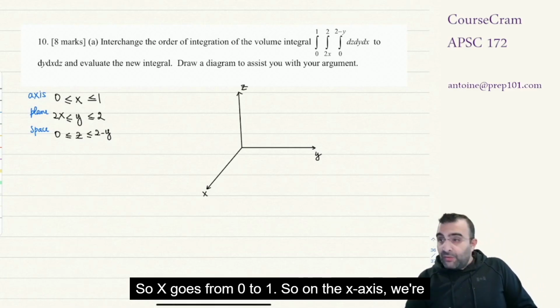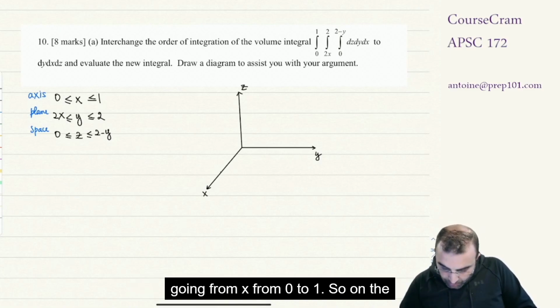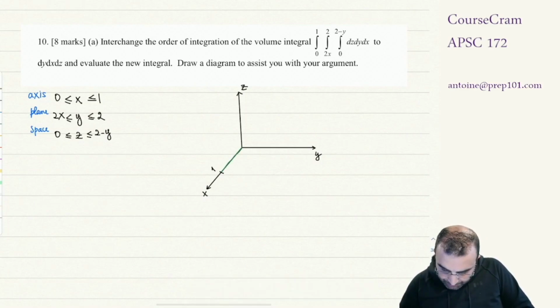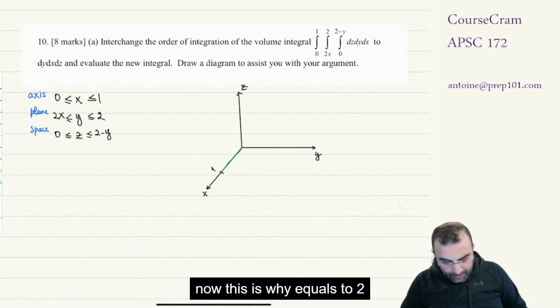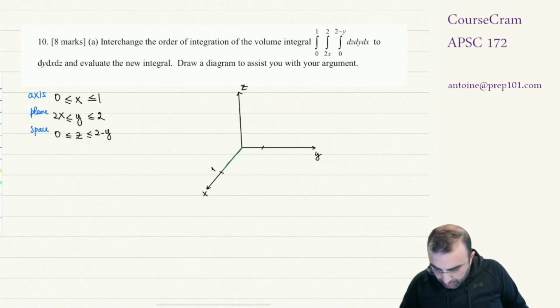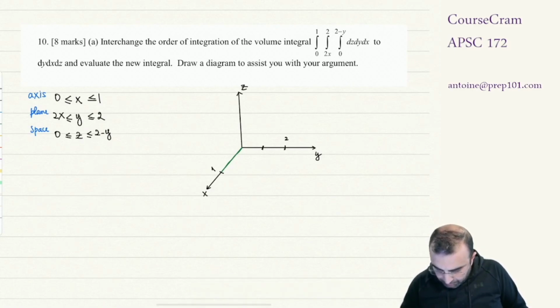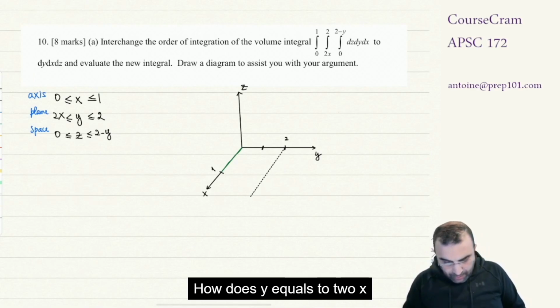So x goes from 0 to 1. On the x-axis we're going from x equals 0 to 1. So on the x-axis, x lives just here. Now this is y equals 2, so 1, 2. How does y equals 2x?